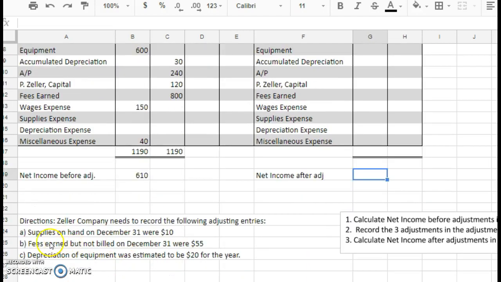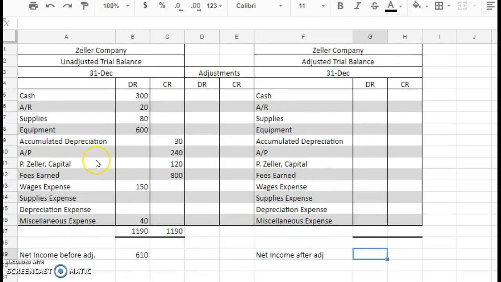So the first thing it says is supplies on hand, December 31st, was $10. So if your supplies on hand was $10, your adjusted trial balance is going to show you ending balances, or what's on hand, what you still have.